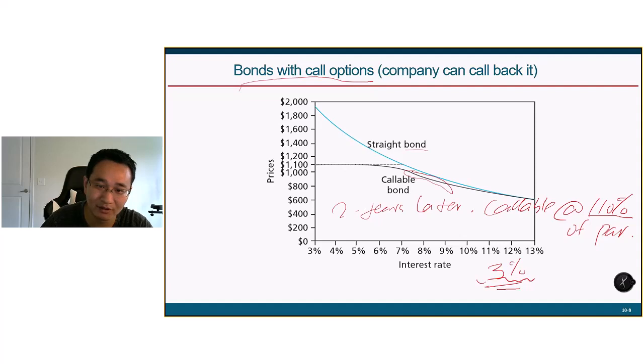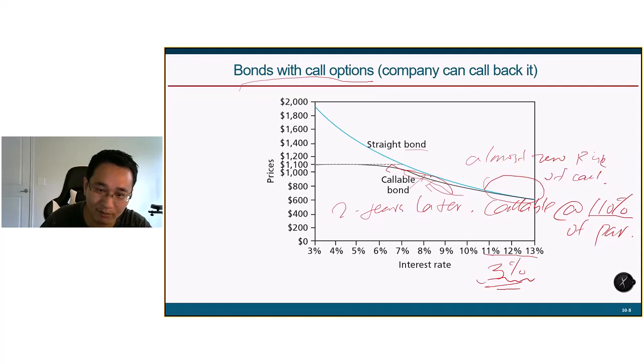You guys see it? When the interest rate is very high, those two curves kind of align with each other because there is almost zero risk of call. However, when interest rate begins to decline, the risk of call steps into the pricing of the bond.